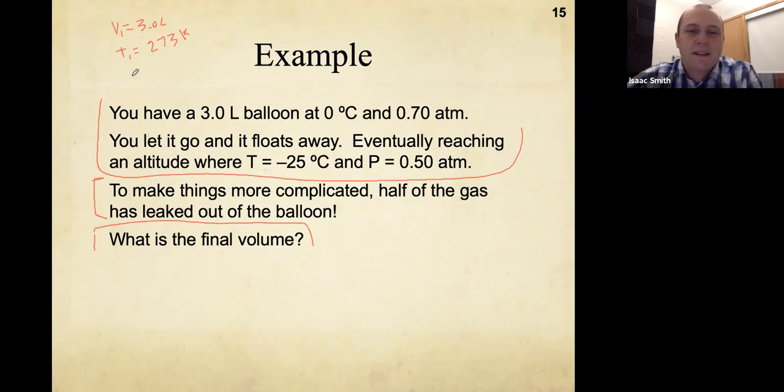Initial volume is 3 liters. Initial temperature is 0 Celsius, which is 273 Kelvin. And our initial pressure is 0.70 atmospheres.